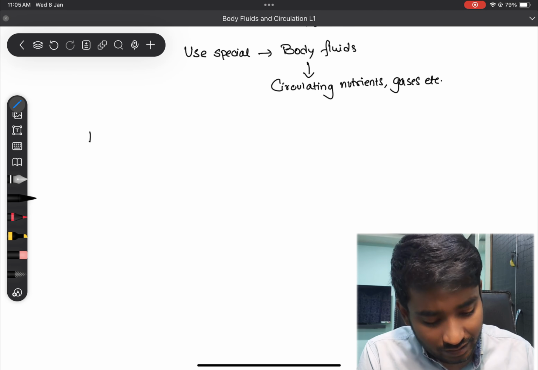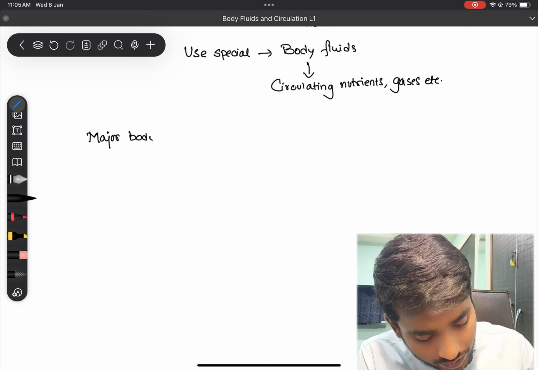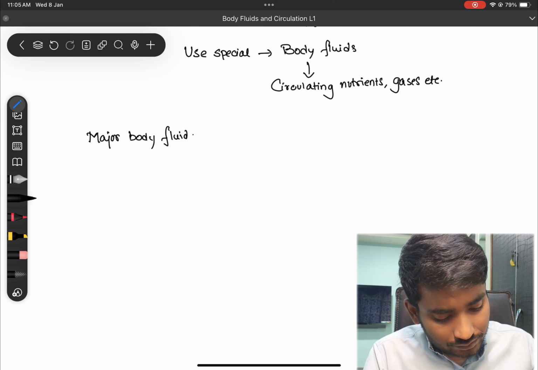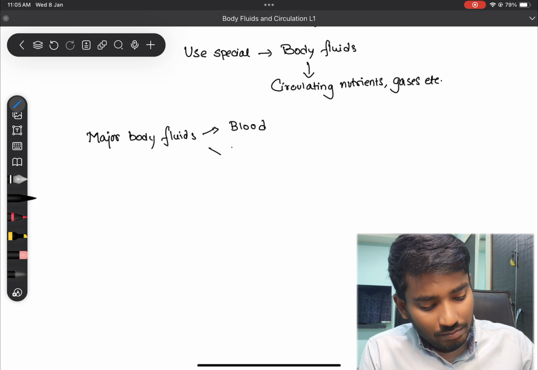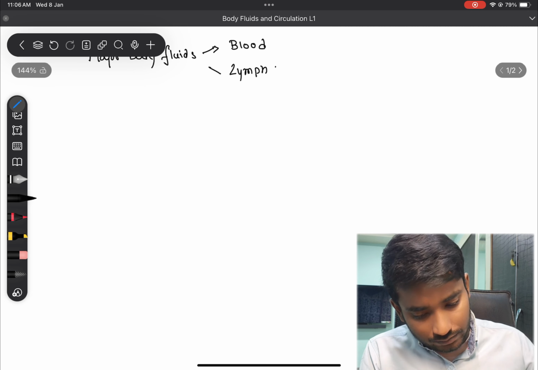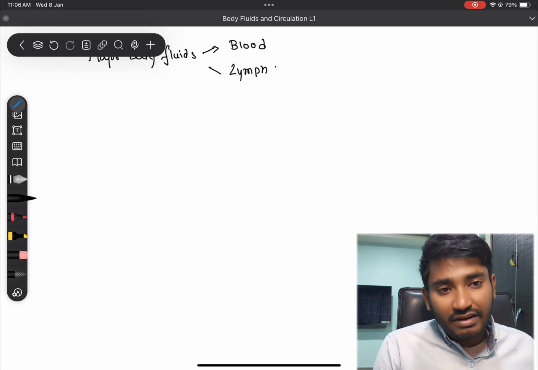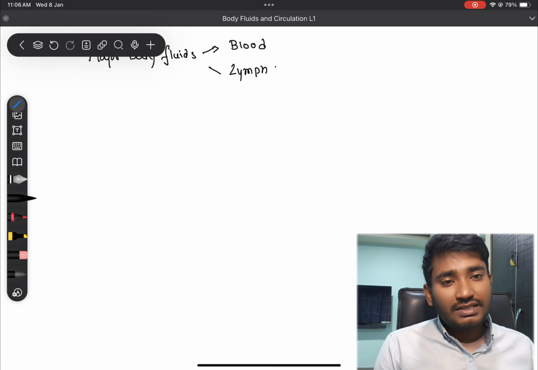Now what are the major body fluids of our body? Blood and the lymph. Humans are higher vertebrates and mammals. So what do the lower invertebrates have?